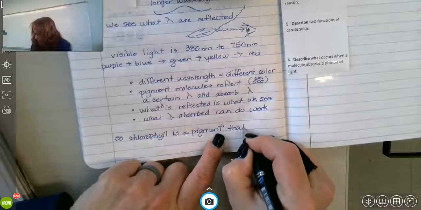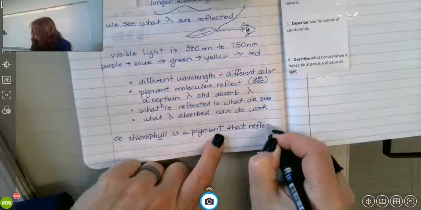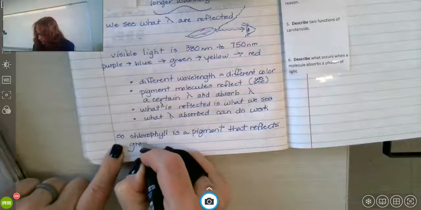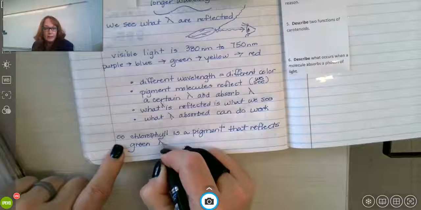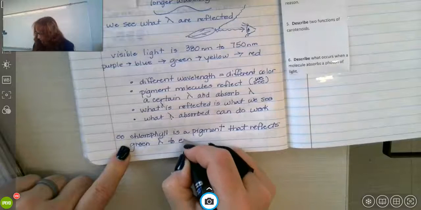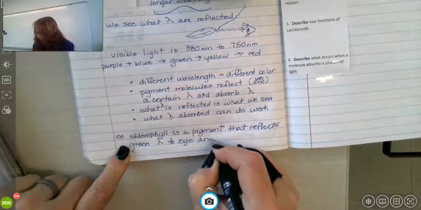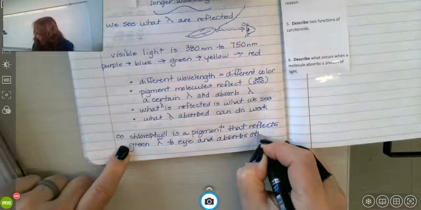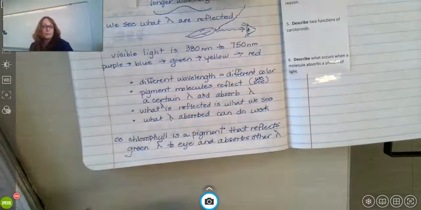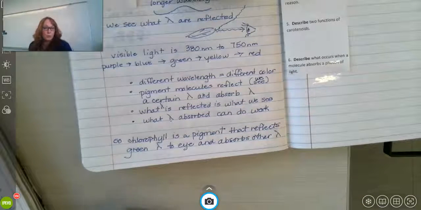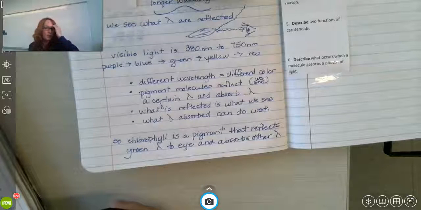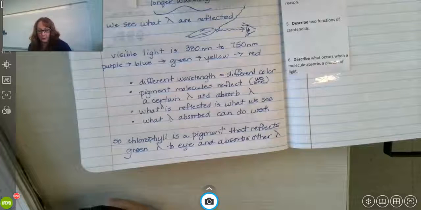So that pigment reflects green wavelengths to our eye, and it's going to absorb the other wavelengths, which it does, though, it uses those to do work. It lets the energy resonate through the pigment molecule and kick the electrons out.